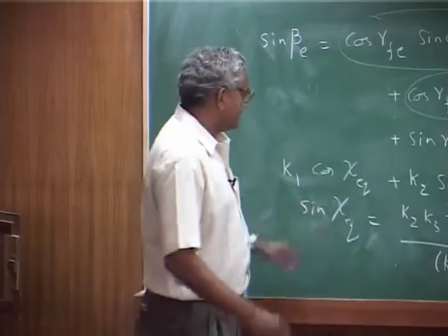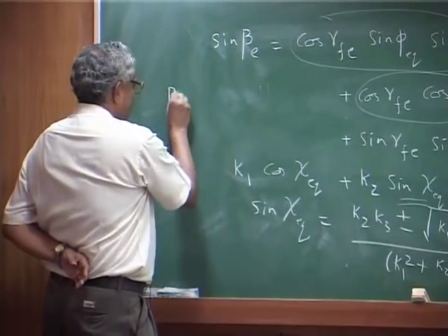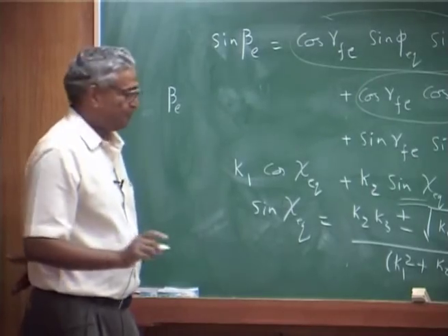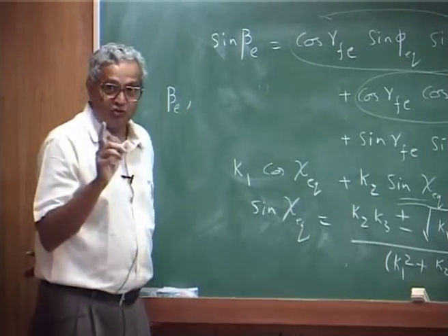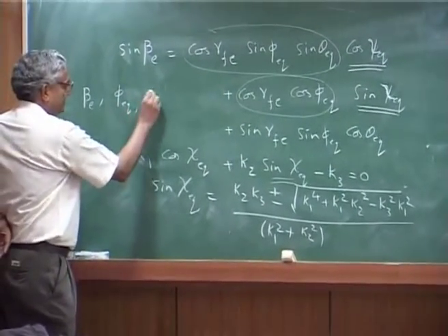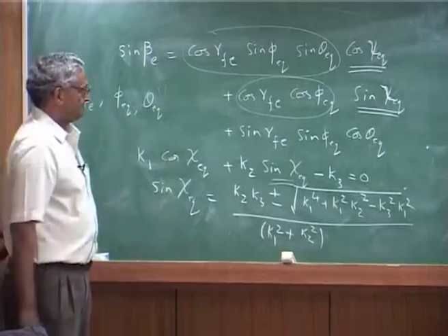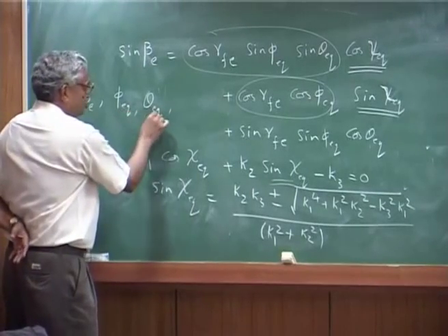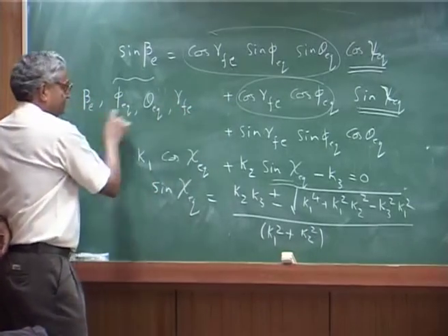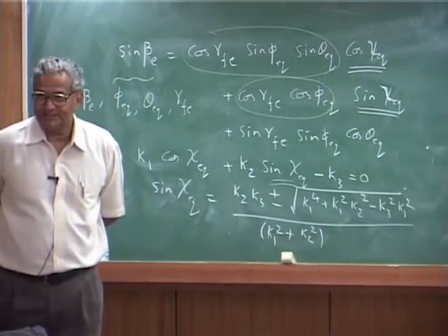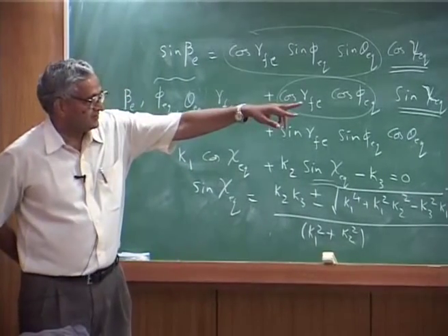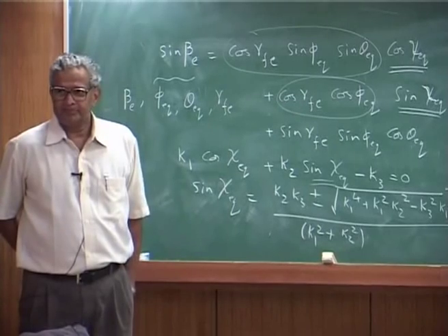What you know in this is knowing beta E side slip angle, and you have to assume phi equilibrium, theta equilibrium, and then these are assumed, gamma FE is given. Okay. That means, when you are starting, you specify those 4 quantities.